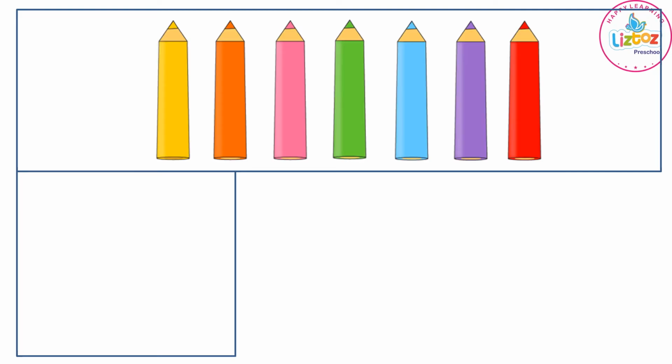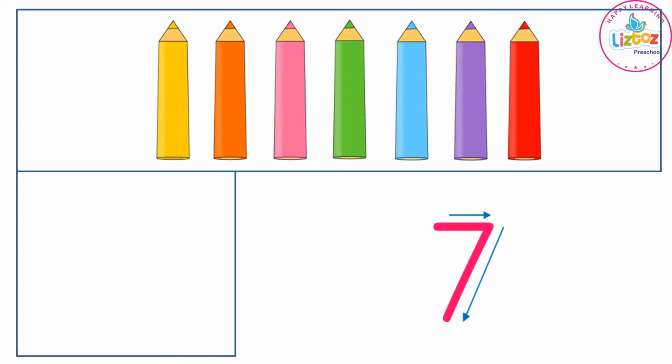Now please count how many pencils are there. 1, 2, 3, 4, 5, 6, 7. How to write 7? First, sleeping line. Then, slanting line.